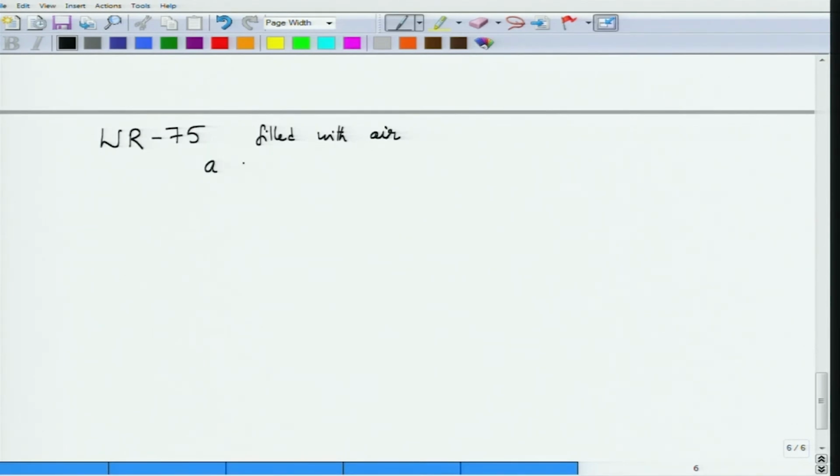The dimensions are a equal to 1.905 centimeters and b equal to 0.953 centimeters. Assuming that the waveguide itself is perfect, find the cutoff frequency for the TE modes and also find out the range of frequencies over which only this mode exists.